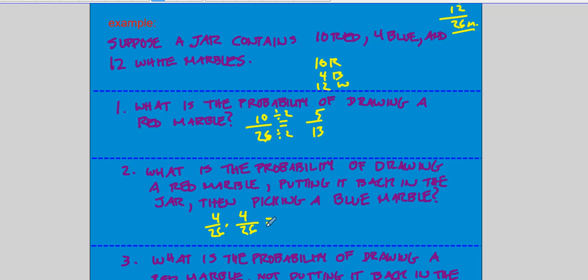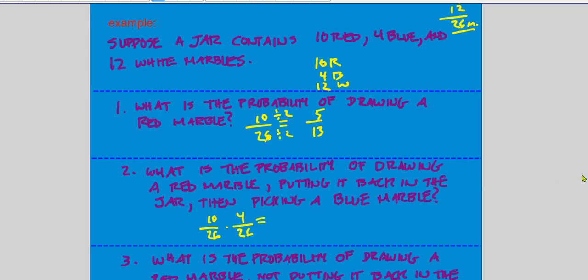Okay, so I'm sorry, did I say first I'm picking red? So there's 10 red. This is a mistake here. Let's go back. So probability of picking red is not 4, it's 10. So that's 10 out of 26. I'm putting it back in the jar again, so there's 26 marbles still in the jar, but now I'm picking blue. The probability of blue is 4 out of 26.